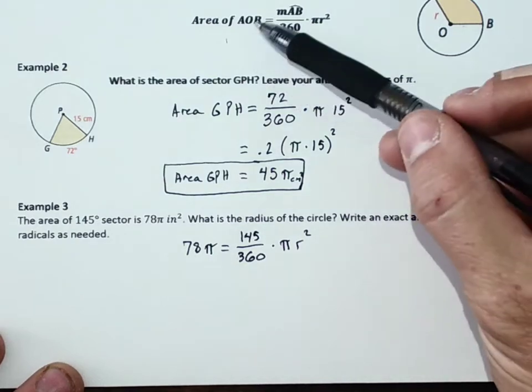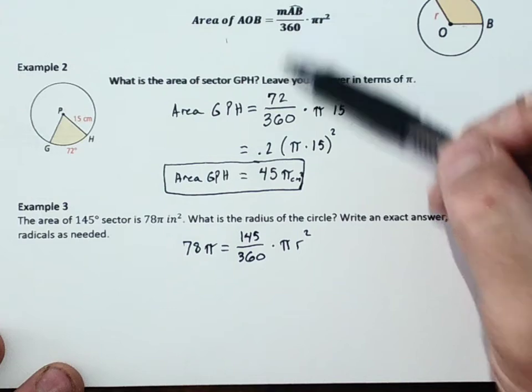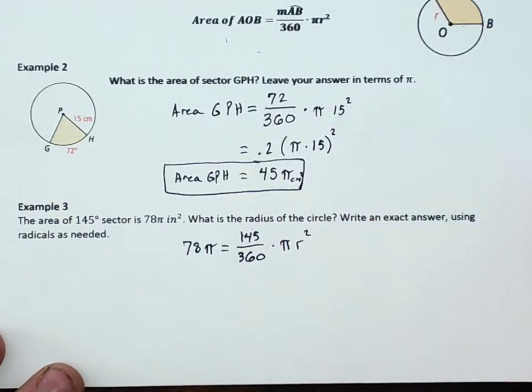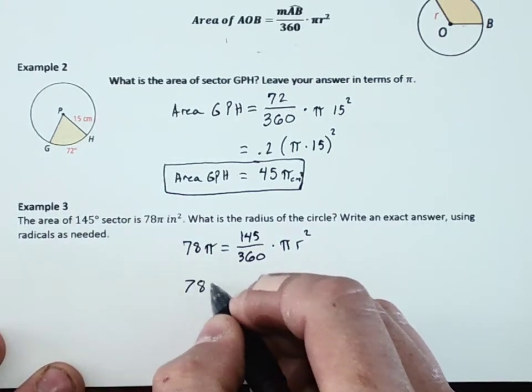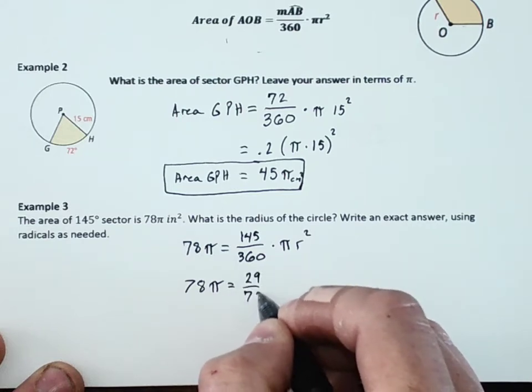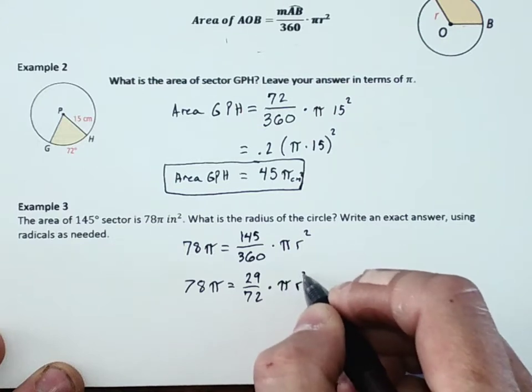So I just plugged in the area for the area, I plugged in the arc for the arc, and I wrote out the rest of this formula. Now I take 145 divided by 360, make it into a fraction, and you have 29 over 72. That's how it reduces, times pi r squared.